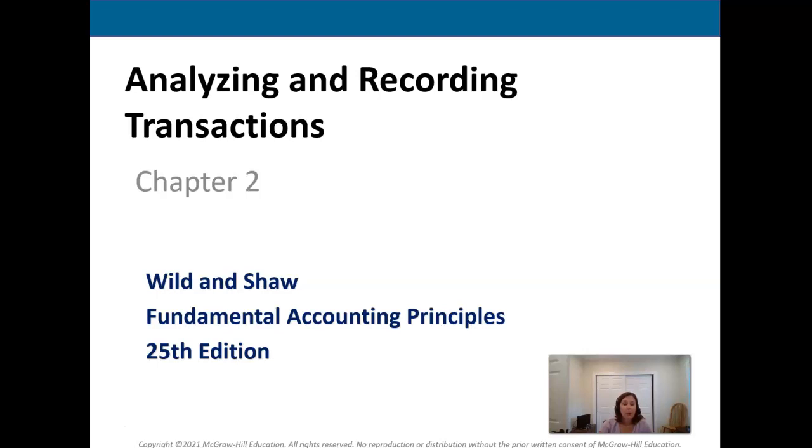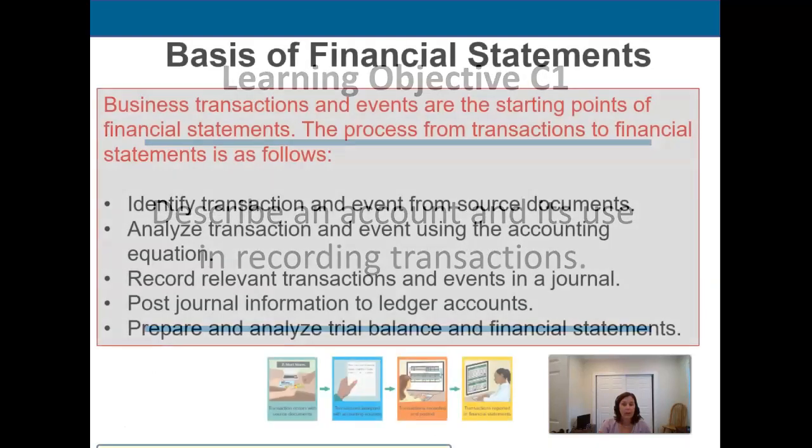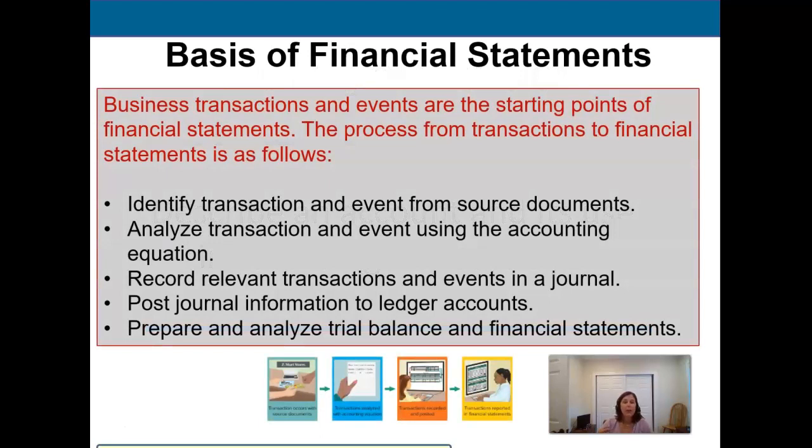So here we go. We are going to dive into the meat of accounting and start analyzing and recording transactions. Now, the first thing that we are going to do when we are presented with a scenario is look at things called source documents.